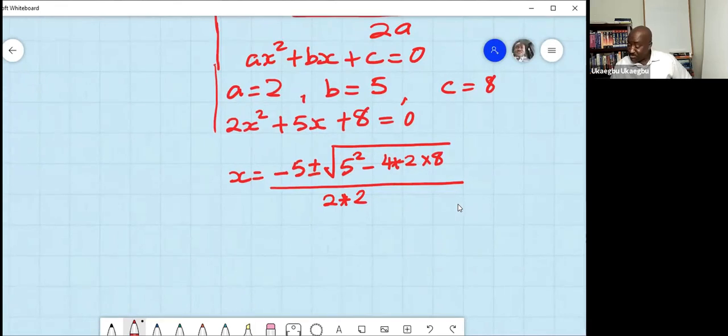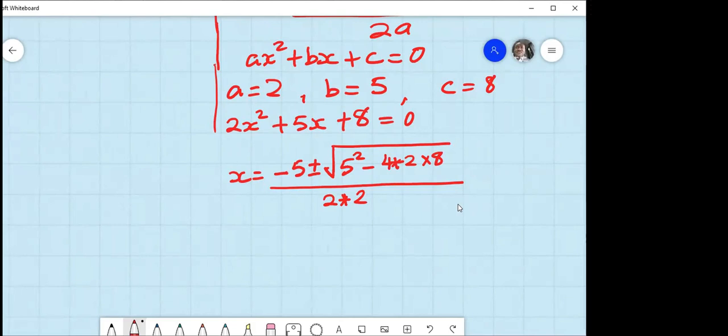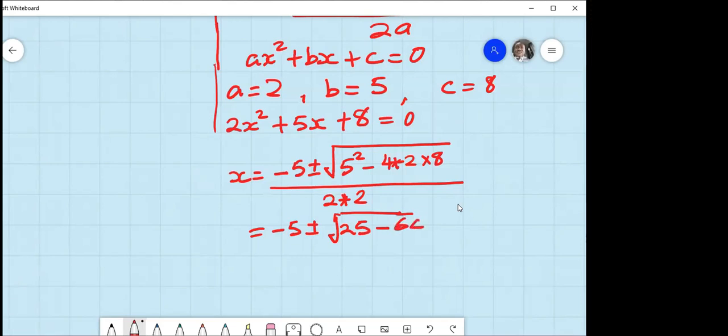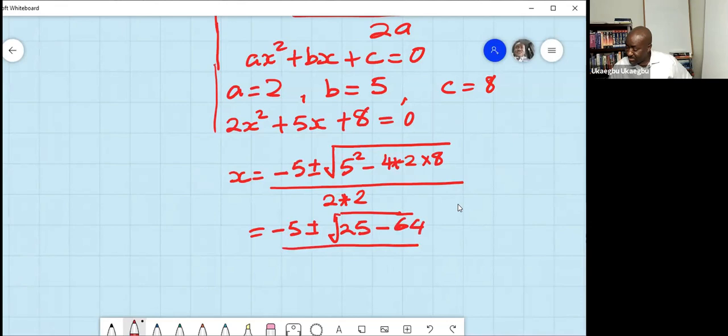You see, the rest of the numbers are very easy. 2 times 2 is 4. But how about the one inside the square root sign? 5 squared is 25. So we have negative 5 plus or minus the square root of 25 minus 4 times 2, which is 8, and 8 times 8 is 64, then divide by 2 times 2, which is 4.